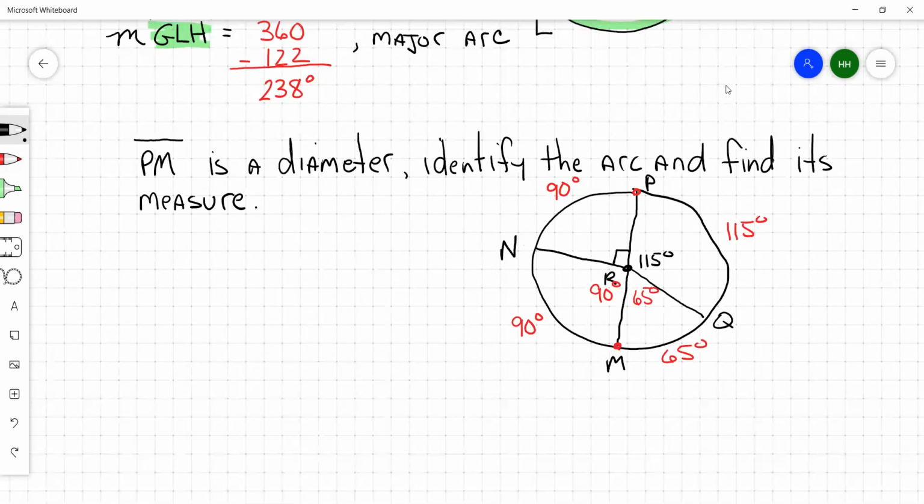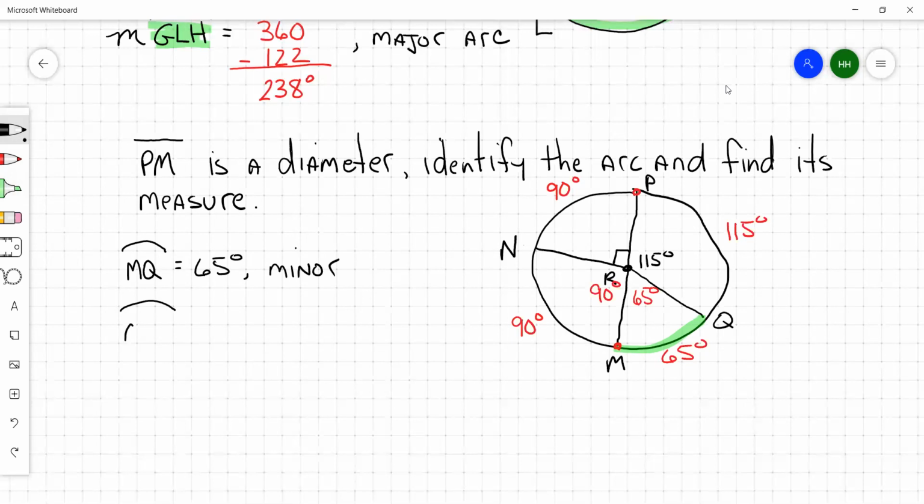So they ask for arc MQ. M to Q. It's right here. Done. 65 degrees, and it's minor. Arc MNP.